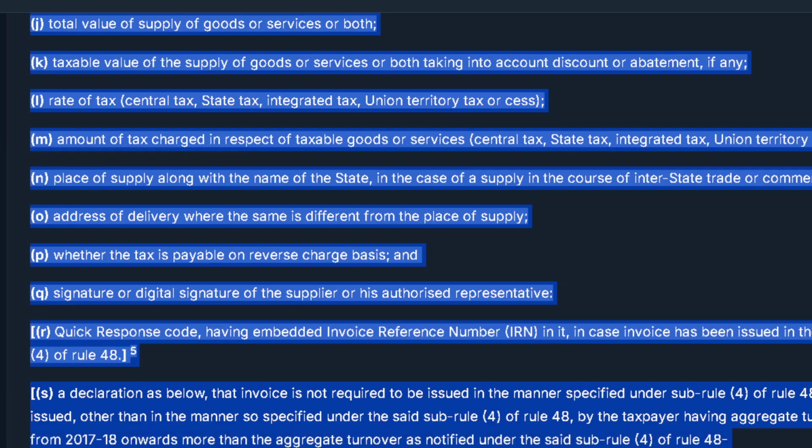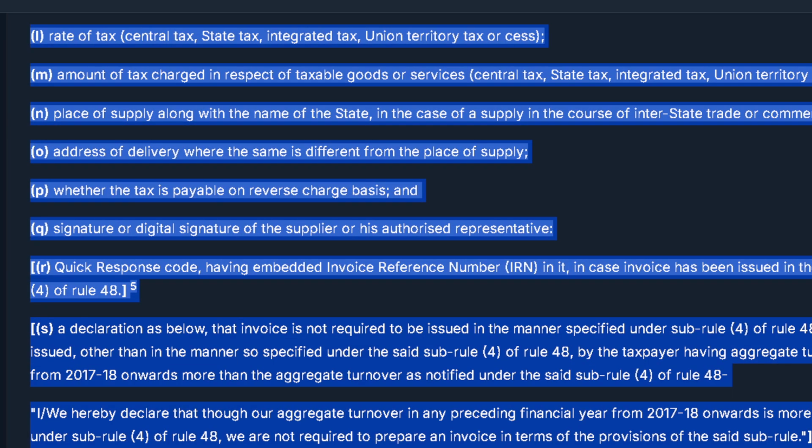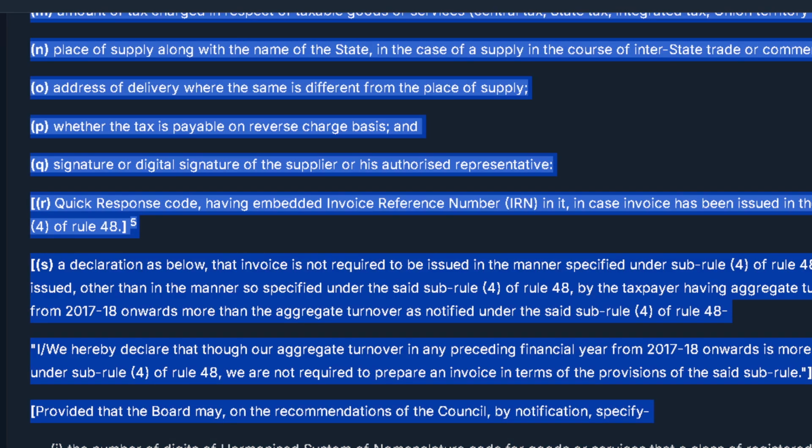A declaration as below: that the invoice is not required to be issued in the manner specified under sub-rule 4 of Rule 48, in all the cases where an invoice is issued other than in the manner so specified under the said sub-rule 4 of Rule 48 by the taxpayer having aggregate turnover in any preceding financial year from 2017-18 onwards more than the aggregate turnover as notified under the said sub-rule 4 of Rule 48.